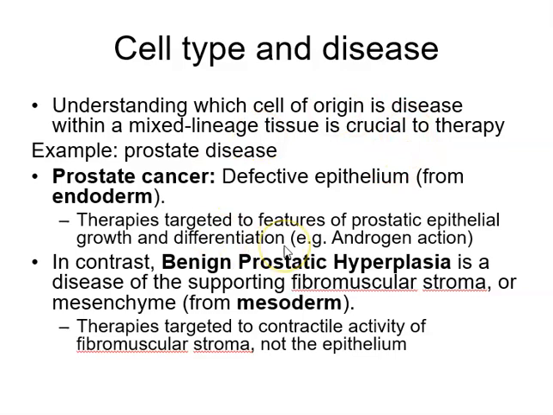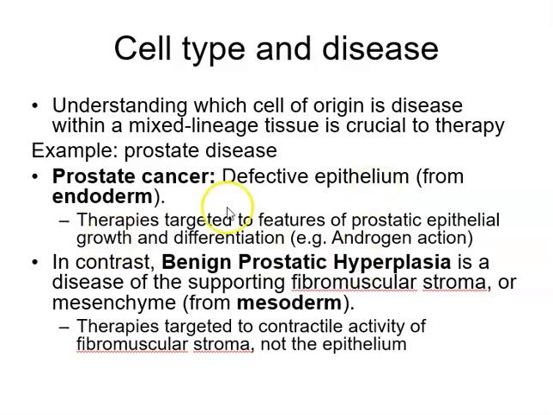What we can now do is start looking at some tissues which are mixtures of epithelium and connective tissue, and see different diseases that arise in either the epithelium or the connective tissue. And as a nice example, we'll start looking at prostate disease, because we've got two major diseases of the prostate, one caused by defective epithelium, prostate cancer, and that's derived from the endoderm epithelial cells, and these are epithelial cells which have become mutated and overgrown.